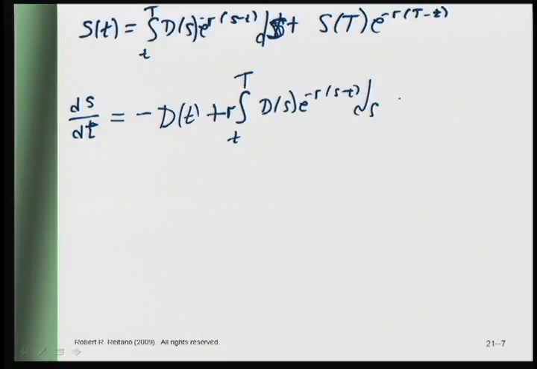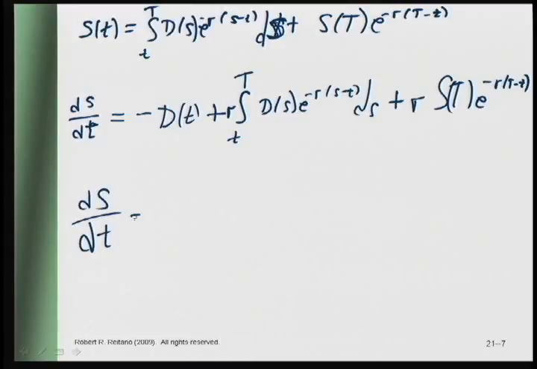And then when I take a derivative of this last term with respect to t, I just get r times the value. And what we see is that ds dt is minus the dividend plus, and I can factor out an r, and what I see is I get the expression for s.